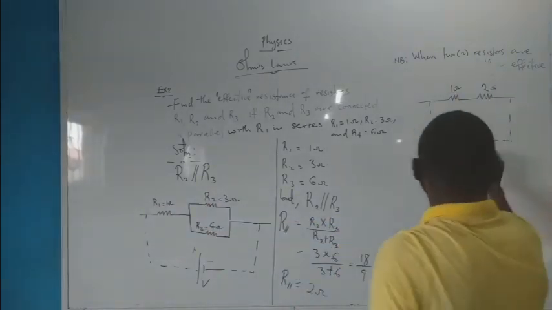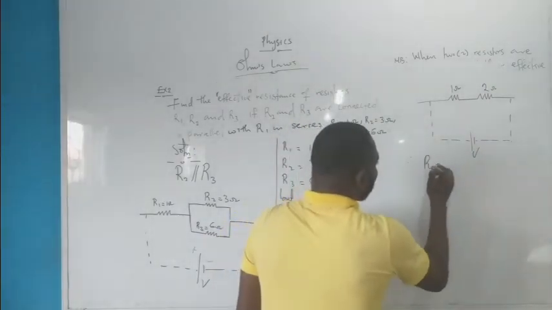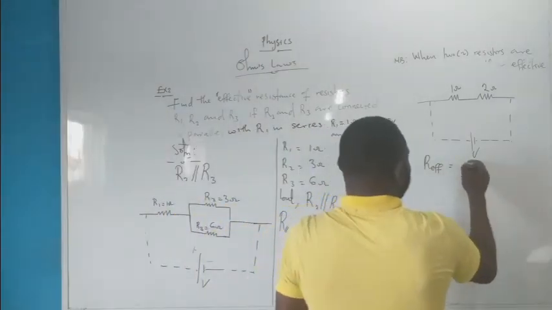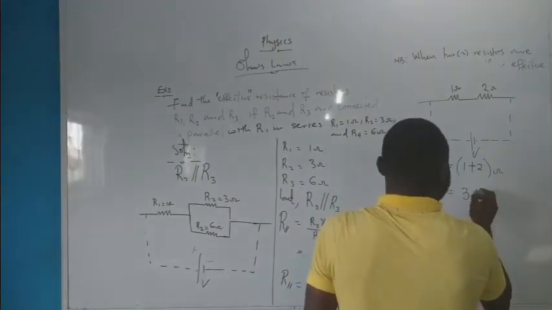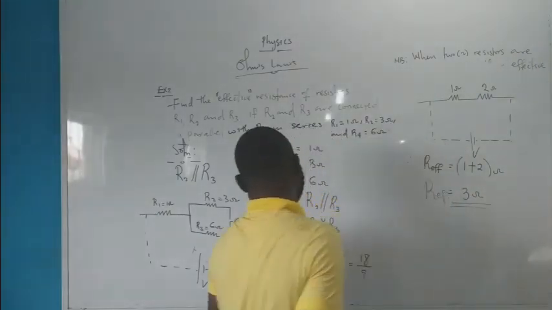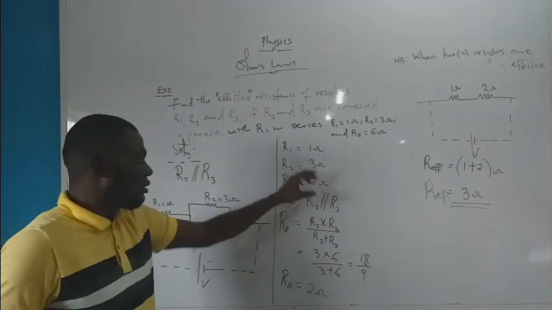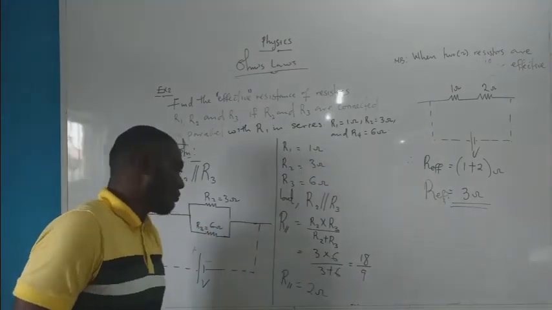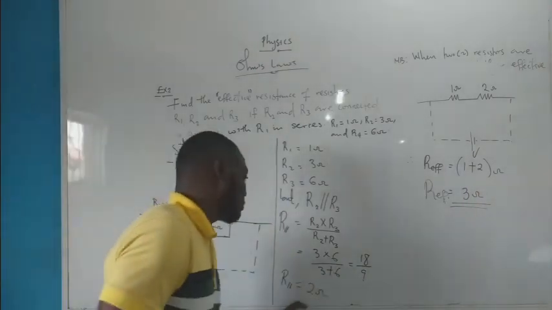So therefore we can have R total or R effective equals 1 plus 2, and that would be 3 ohms. That would be R effective. Recall R2 and R3 in parallel: 3 times 6 is 18, over 9, which gives us 2.